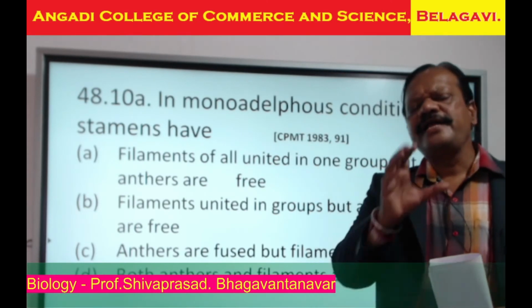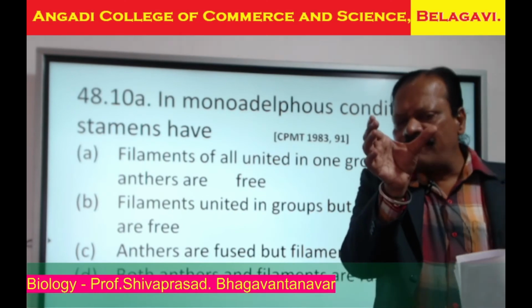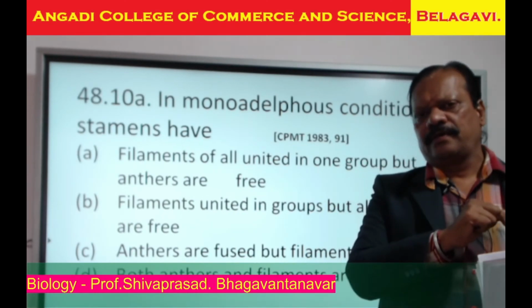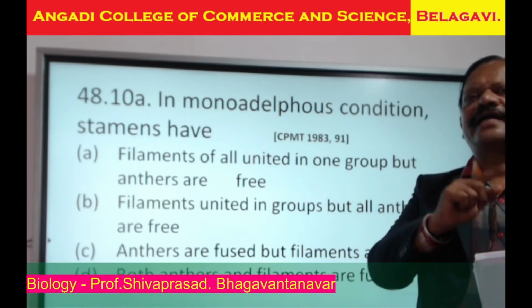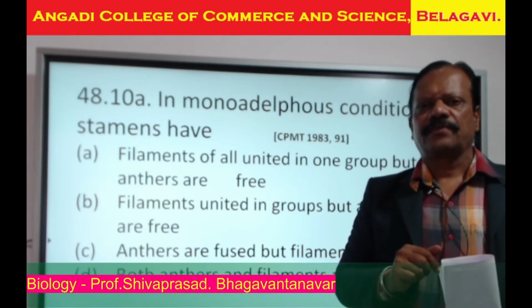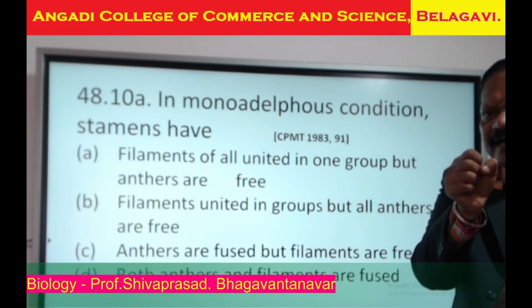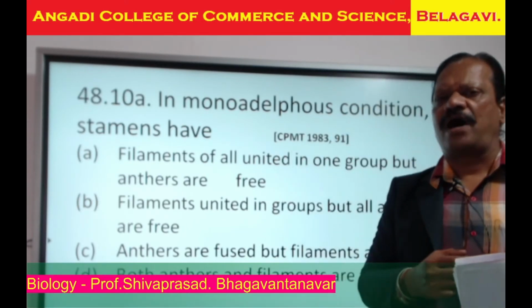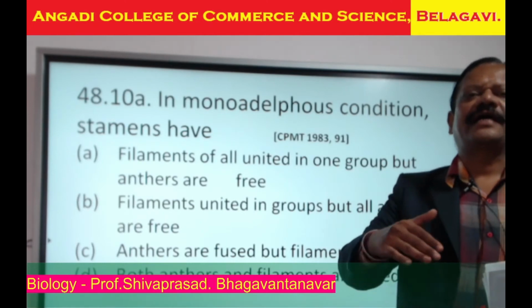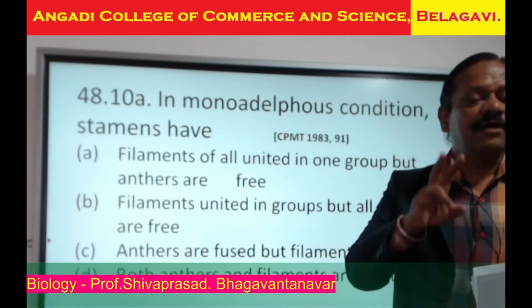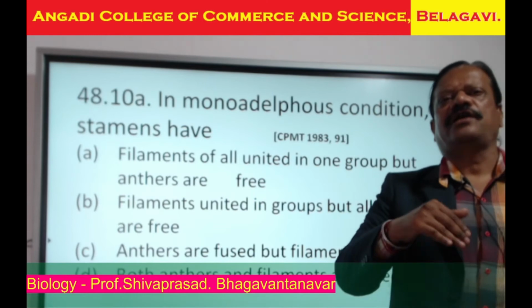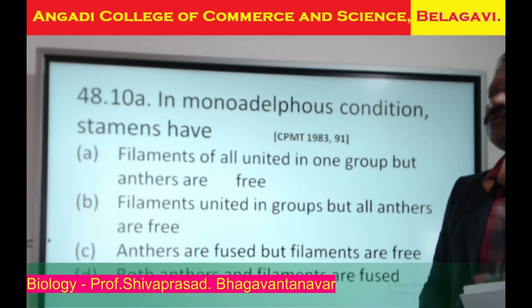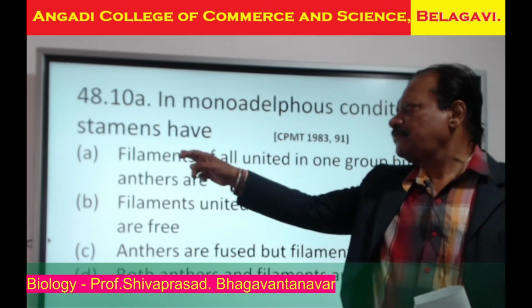If the filaments are joined and forming only one bunch, then you are calling it monoadelphous. If filaments are joined such that two or more bunches are formed, then you are calling it polyadelphous. If two are formed, then you are calling it diadelphous. So, we will go through the options, then we will come to know the right answer.